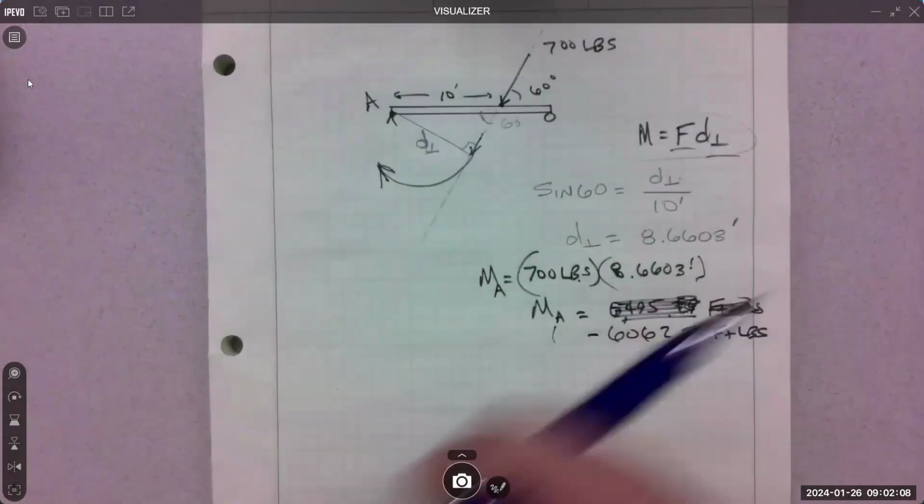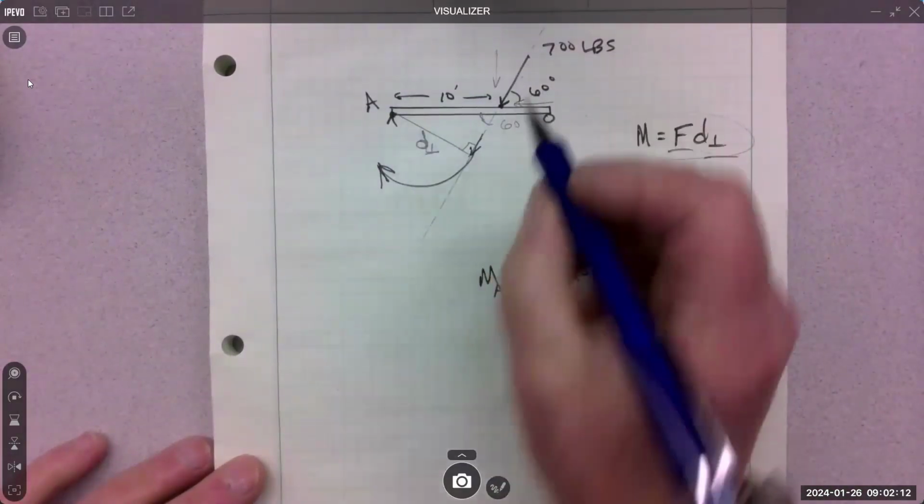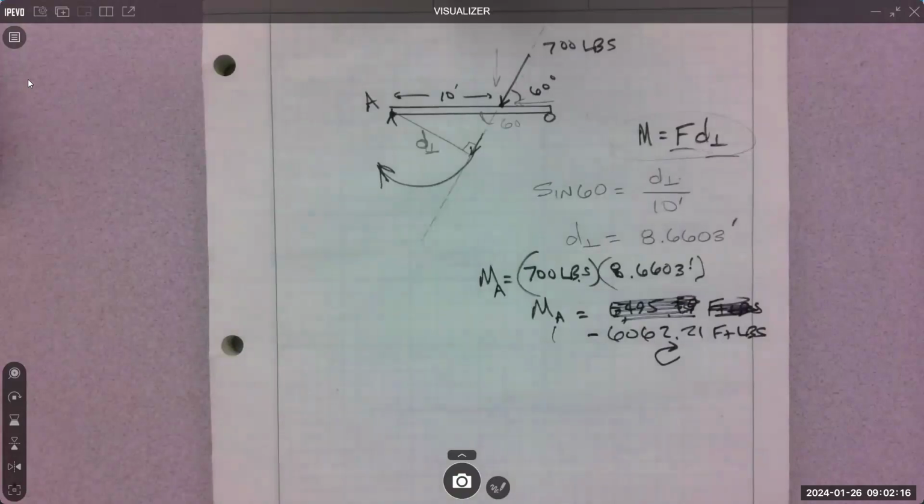Or you can do moments with the components of a force, and it'll be exactly the same, because components are exactly the same as the original 700 force. So you can take the 700, get rid of it, put in the X and Y components of the 700, and then find the moment of both those forces.